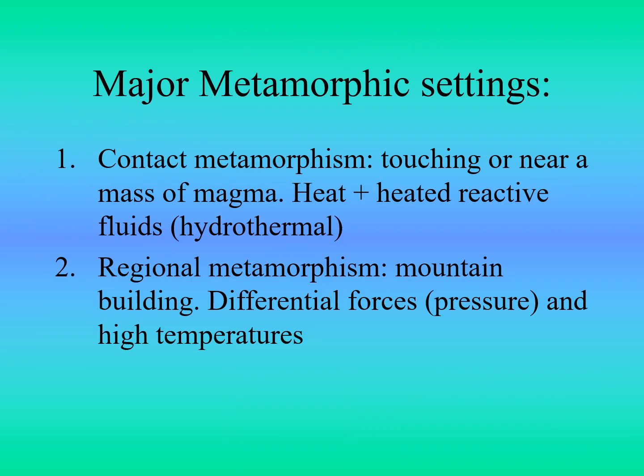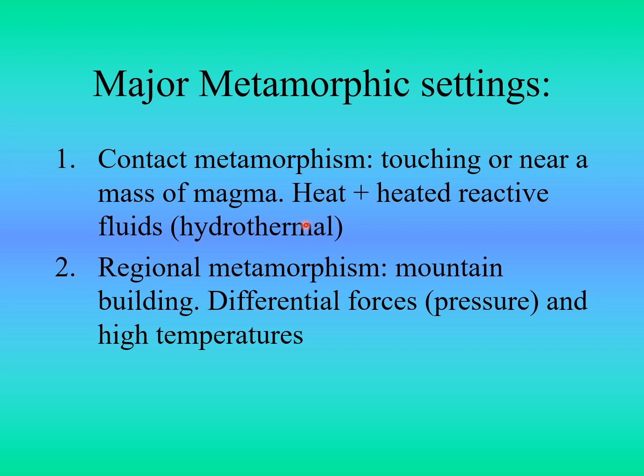And the way that these rocks are altered occurs in two major metamorphic settings. We can have contact metamorphism, and that's when these rocks are touching or near a mass of magma. Those intrusive bodies that were coming up to form igneous rocks are obviously very hot, they're liquid. They're going to heat up or change the rock around them.